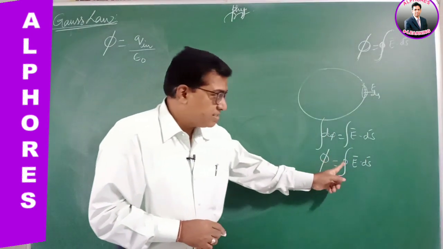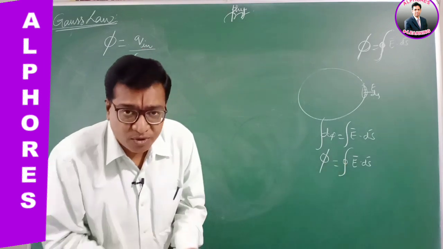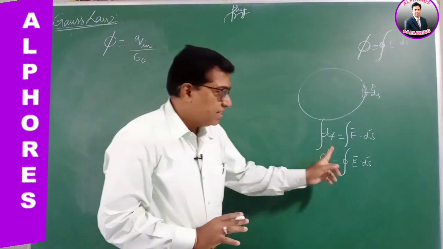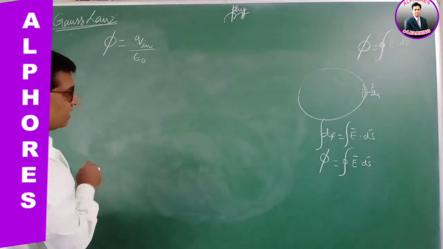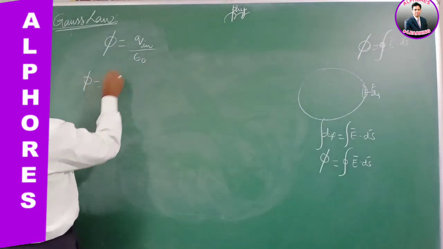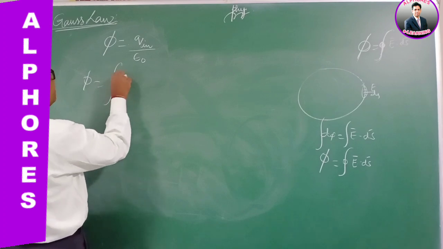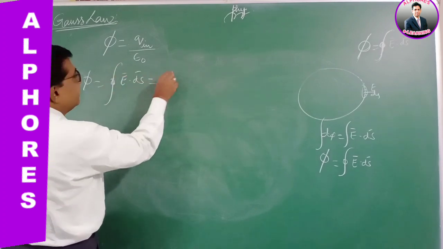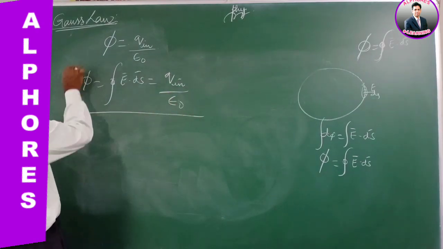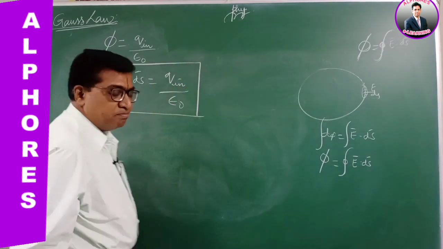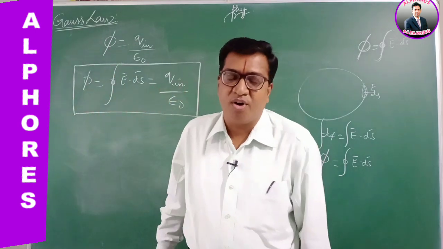It is the surface integral of the electric field over the enclosed Gaussian surface, integral E dot ds. Now putting that in this case, I get the flux, which is the surface integral of E dot ds, equal to q inside by epsilon naught. This is called the mathematical form of the Gauss law.